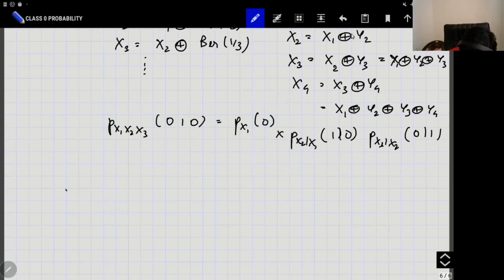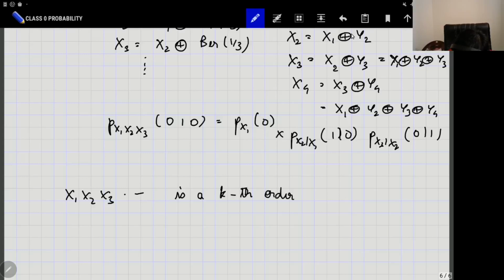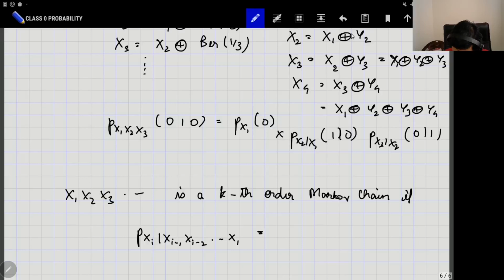So we say that x1, x2, x3 and so on, a sequence of random variables, is a kth order Markov chain if the following happens. p of xi given xi minus 1, xi minus 2 and so on all the way up to x1 is the same as p of xi given only k steps in the past, so xi minus 1, xi minus 2 up to xi minus k.